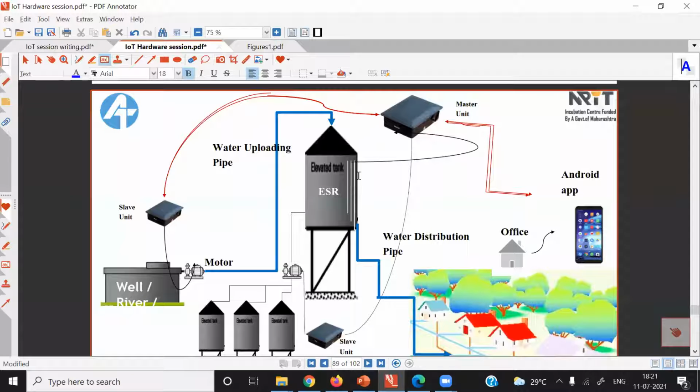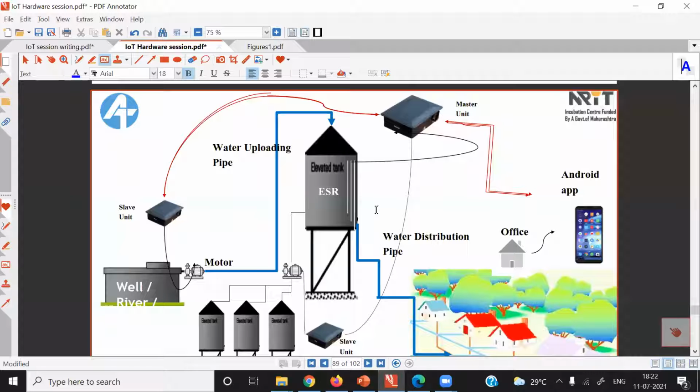So when the water level in the overhead tank falls below a critical level, like 30%, this master unit sends a command using IoT to the slave device, and the slave device switches on the motor pump. Once the overhead tank becomes full, the master device detects it and sends a control message to the slave device using IoT, and the slave device switches off the motor pump. So this system completely prevents overflow of the water.